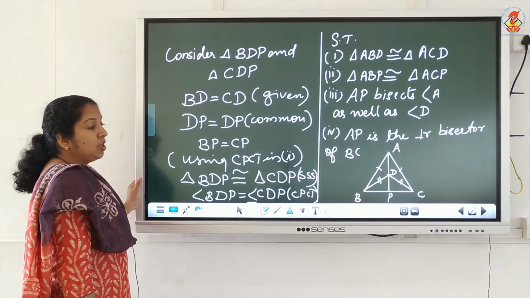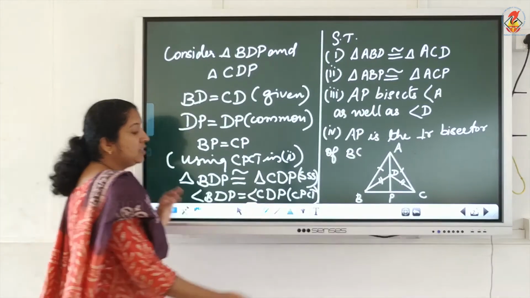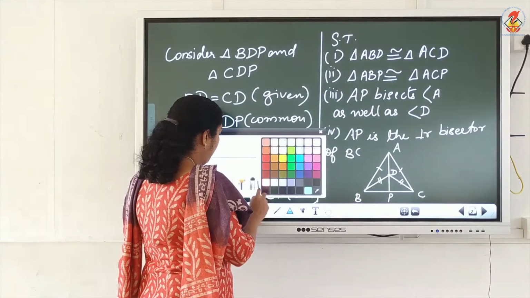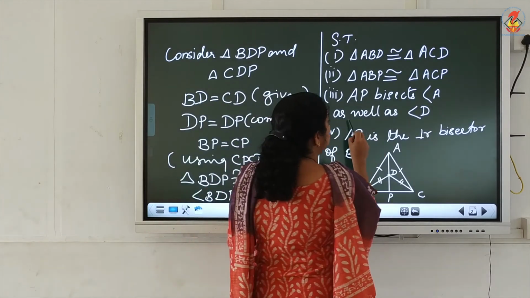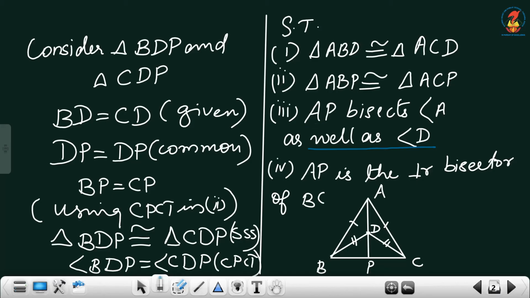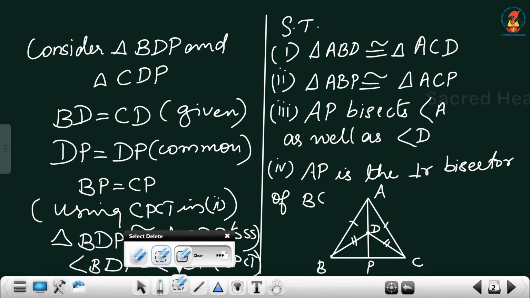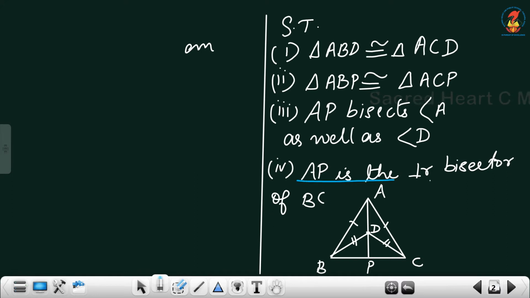So, these two are equal means what we can say? We can say AP bisects angle D. Then last one is AP is the perpendicular bisector of BC.